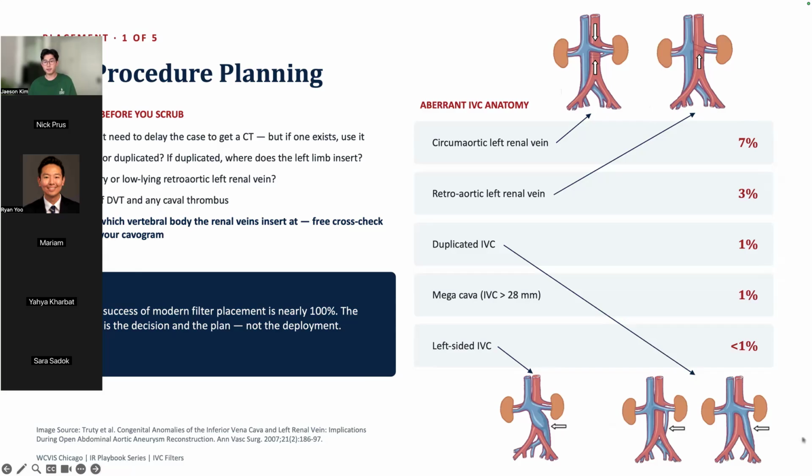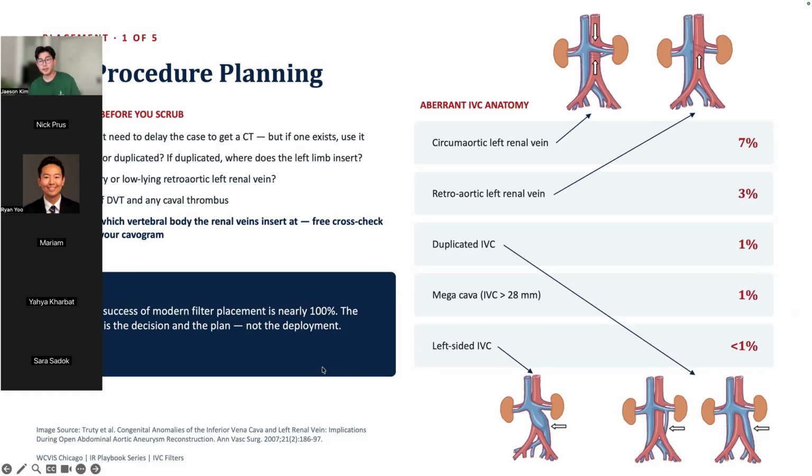On the right side of the slide here are common anatomical variations and how often they show up. Individually, they might sound pretty rare, but if you add them all up, it's a pretty meaningful chunk of patients. And I've also added diagrams here just in case you weren't sure what it meant. And so you can see that there are lots of unusual IVC anatomies.